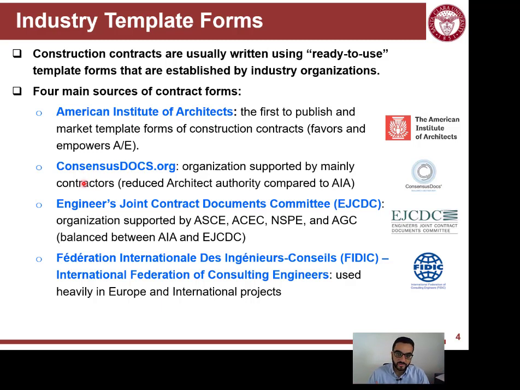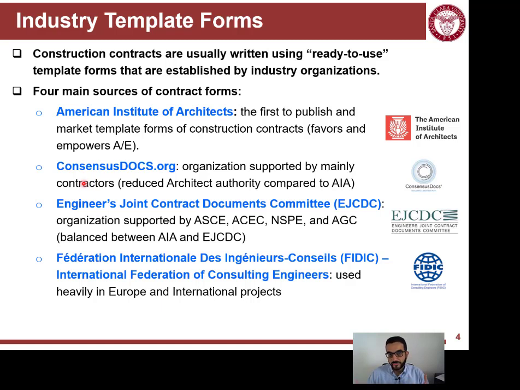ConsensusDocs tries to balance things by giving what they say is fair authority to the contractor and limiting the authorities that are given to the architects by AIA.